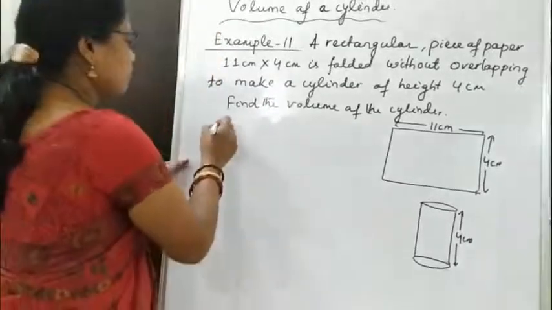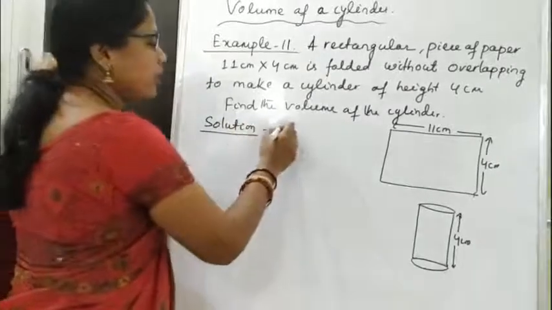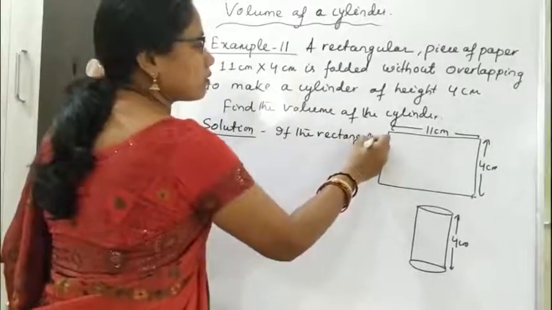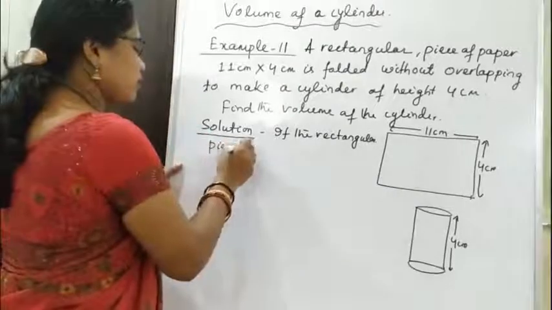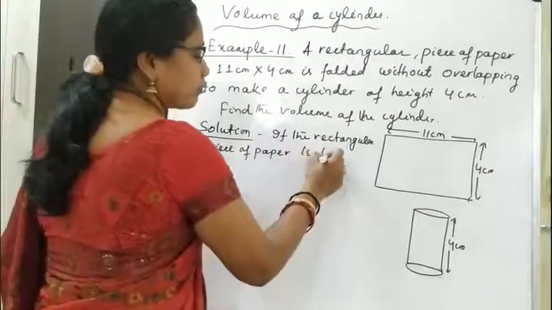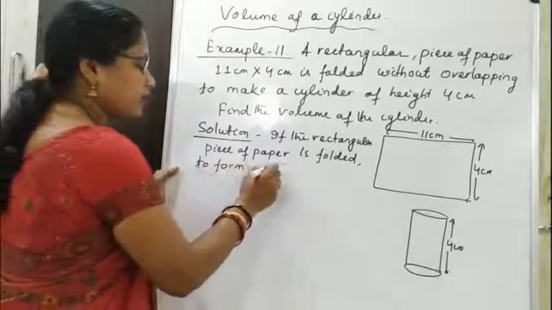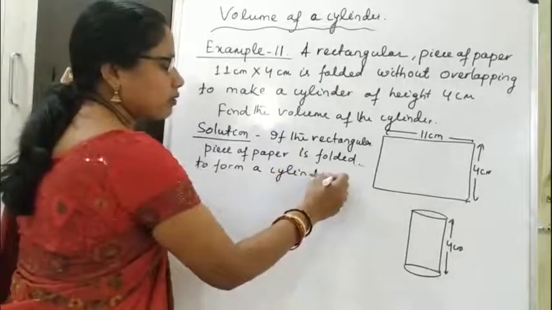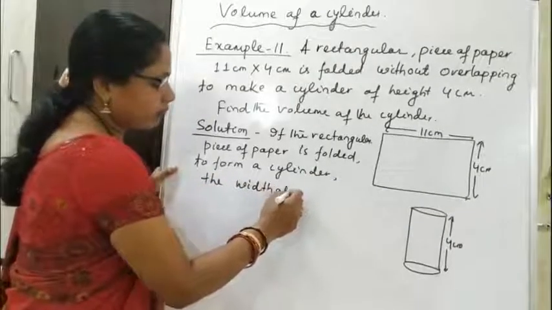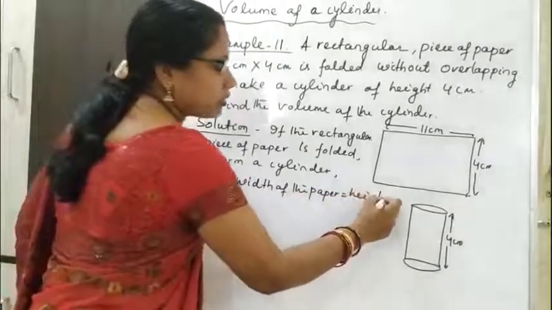Here you have to write: if the rectangular sheet or rectangular piece of paper is folded to form a cylinder, then the width of the paper is equal to the height of the cylinder.